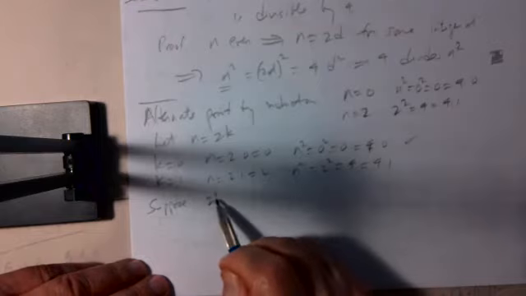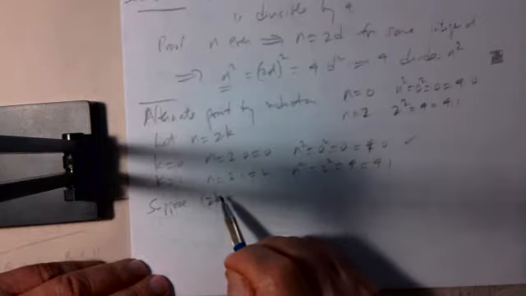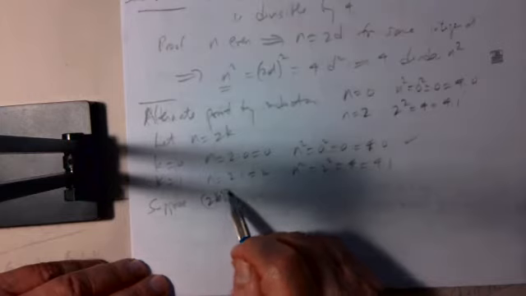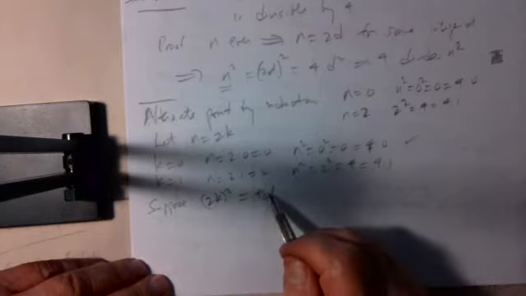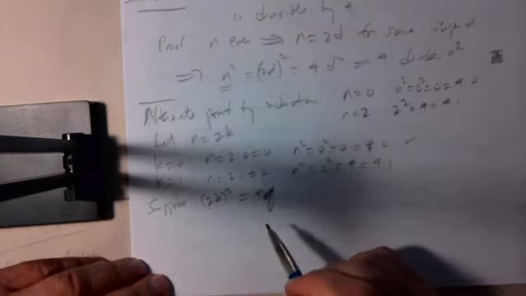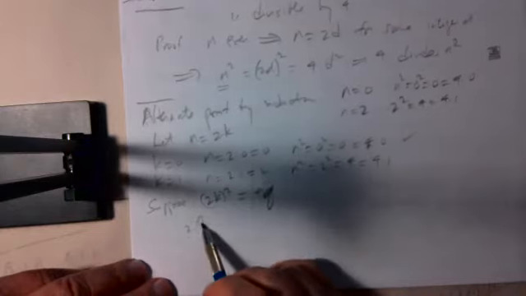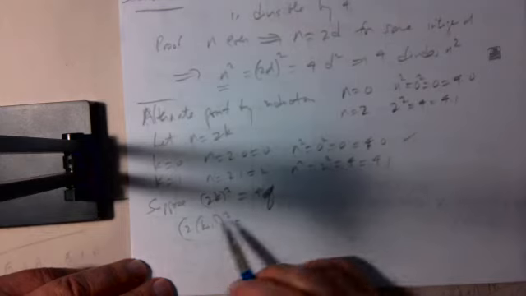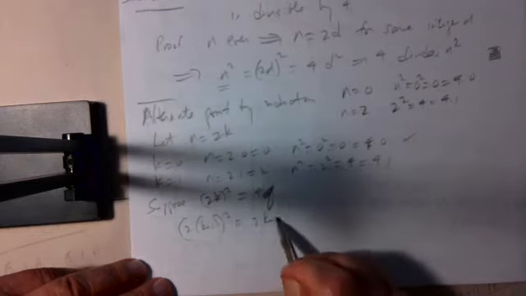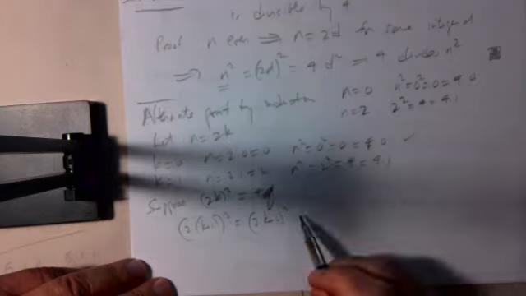So suppose 2k squared is 4 times something, let's say 4q. Then what can we say about 2 times k plus 1 squared? So this is 2k plus 2 squared.